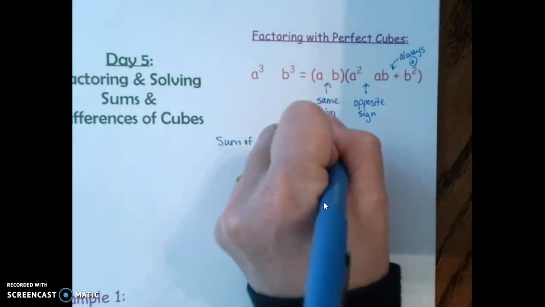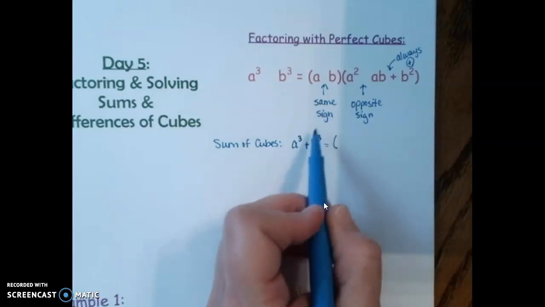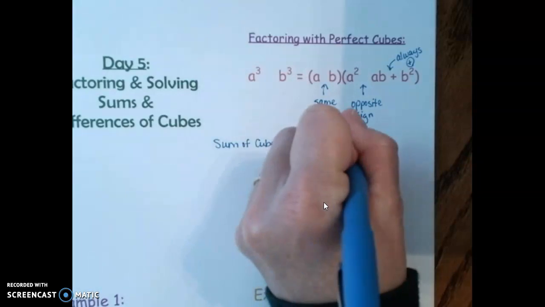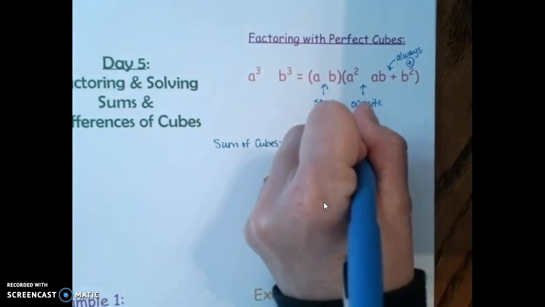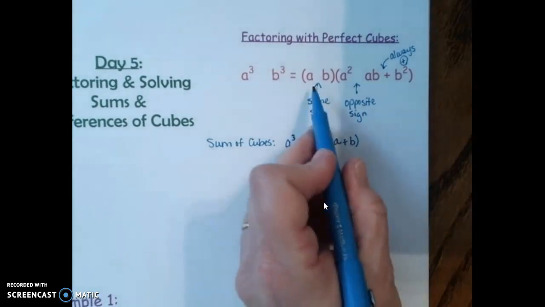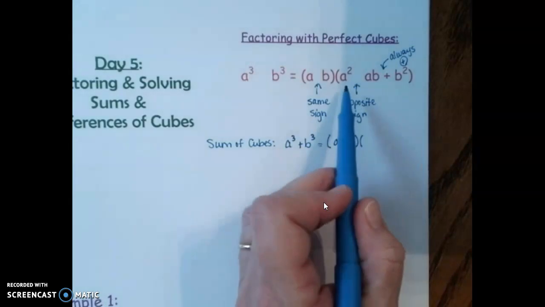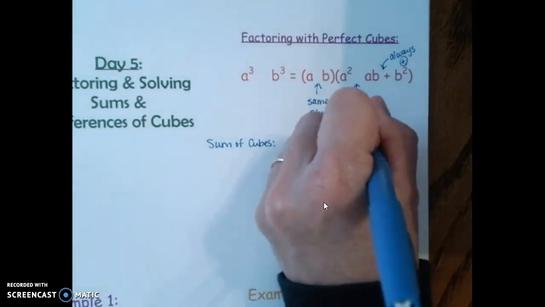So to factor that, you're going to take the cube root of each term and we're going to keep that same sign. So the cube root of a to the third would be a. We would keep the sign of plus. The cube root of b to the third would be b. That creates our binomial. Now we're going to create our trinomial. So if you notice, you square the first term, so we would have a squared.